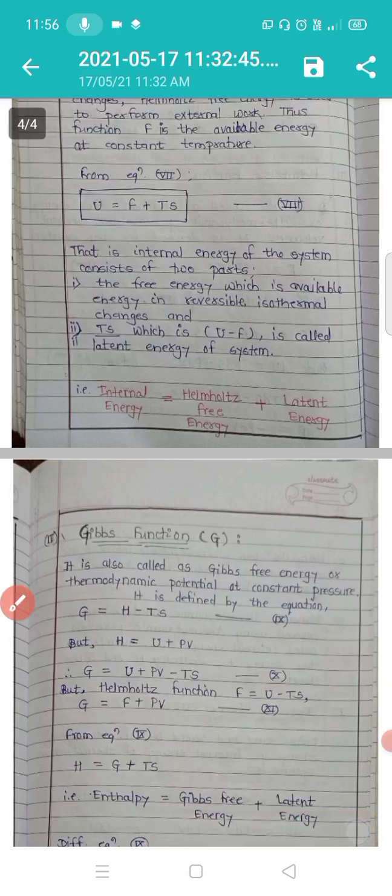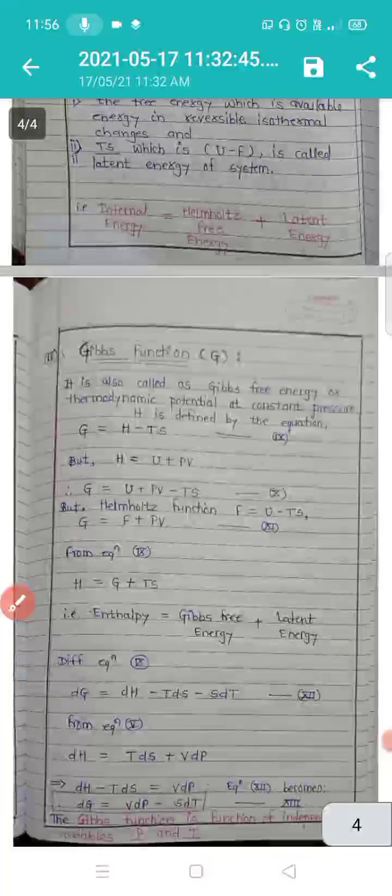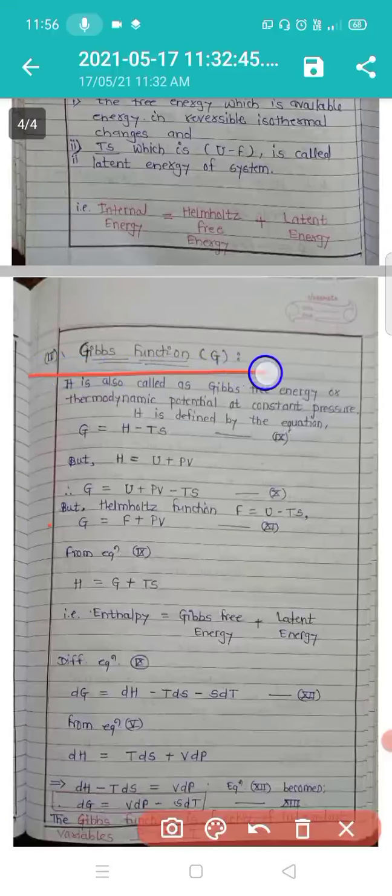Then the next is the Gibbs function. This is the last important thermodynamic potential. It is also called the Gibbs free energy or thermodynamic potential at constant pressure. In the Helmholtz function it was at constant volume, and here we take constant pressure.